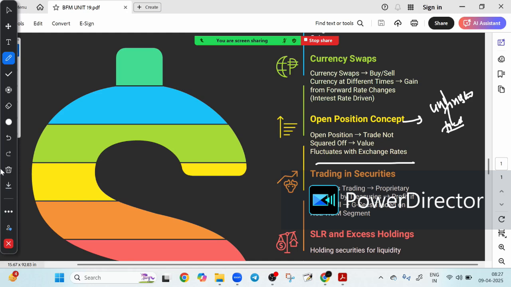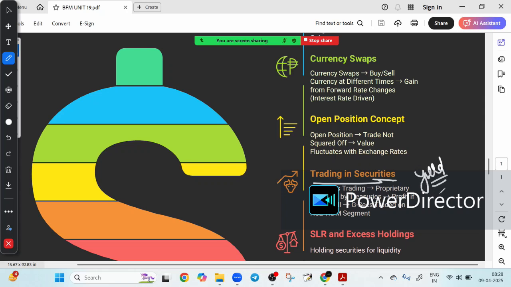Then if we talk about trading in securities, what does it mean? When treasury trades securities, it is often to profit from the yield change. If yield falls, what will happen? Suppose yield decreases, then government security rises in value. Obviously, price is inversely proportional to yield.